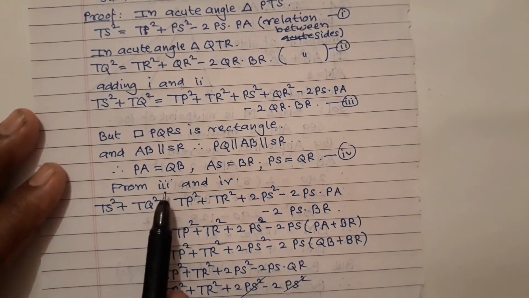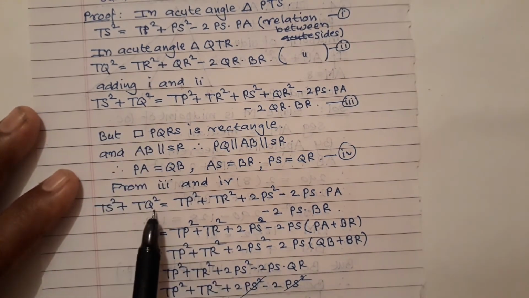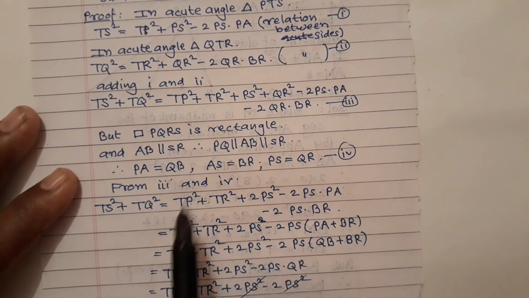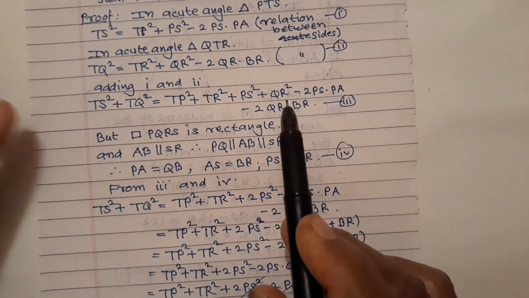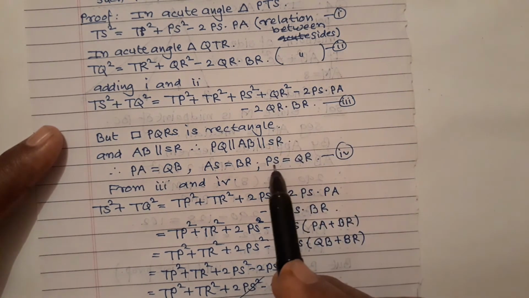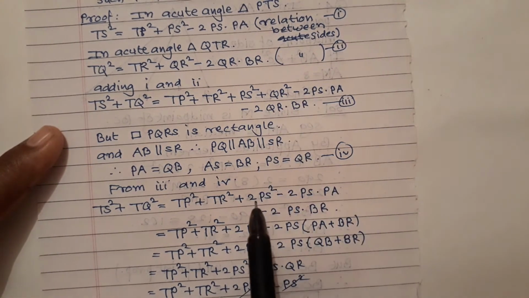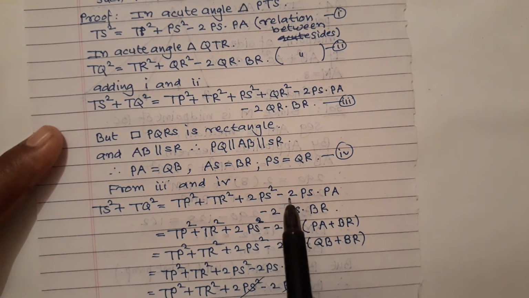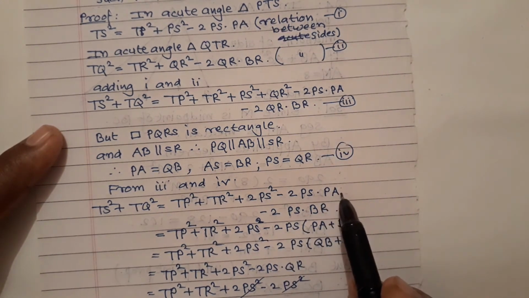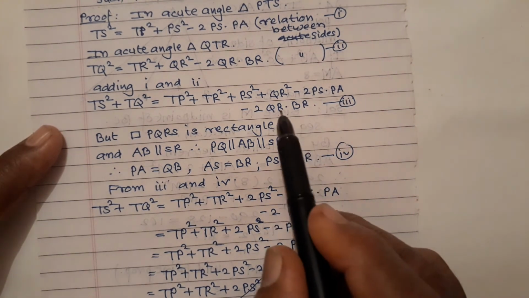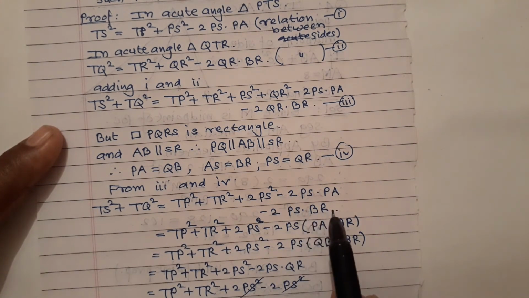Now whatever these values are, I substitute over here. From 3 and 4, TS square plus TQ square is equal to TP square plus TR square plus, for QR you substitute PS, and therefore PS square plus PS square is equal to 2PS square, minus 2PS into PA minus 2, again for QR you substitute PS, into BR.